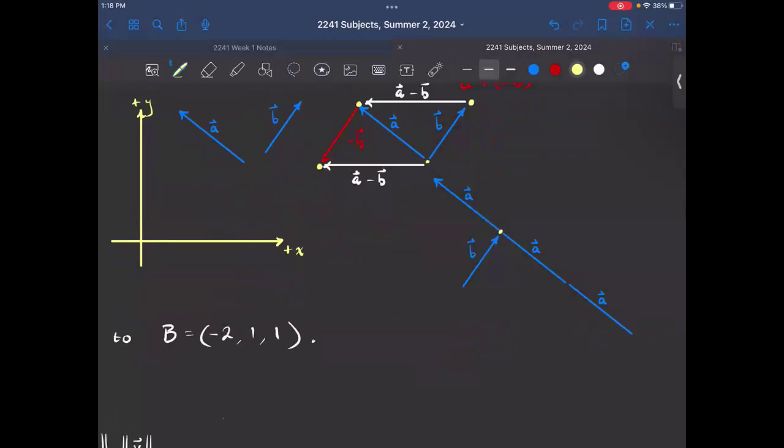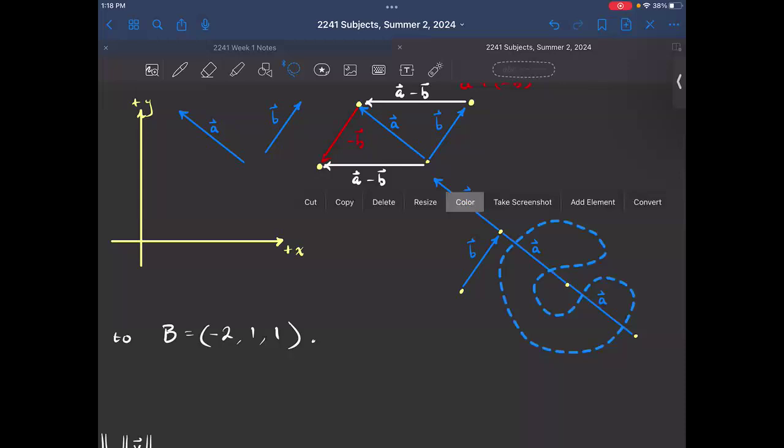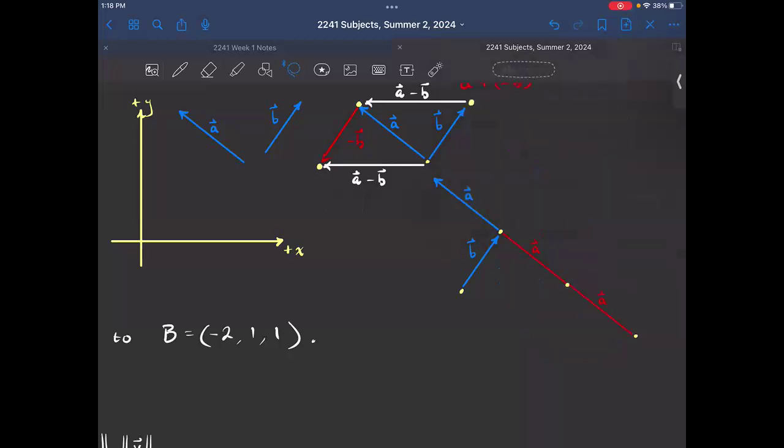Points here. And our arrows. Make that be in red. Okay, so these are now minus a's. Right there and there. There we go.